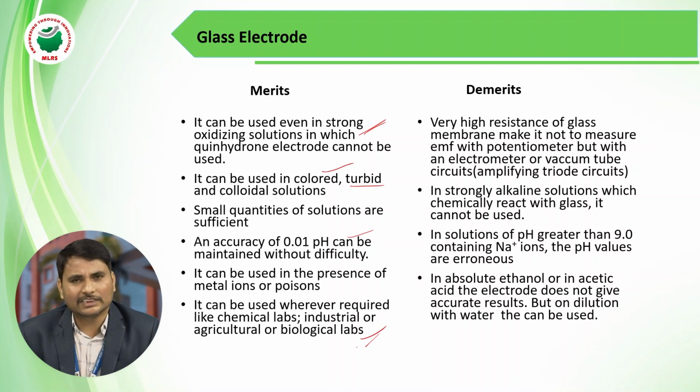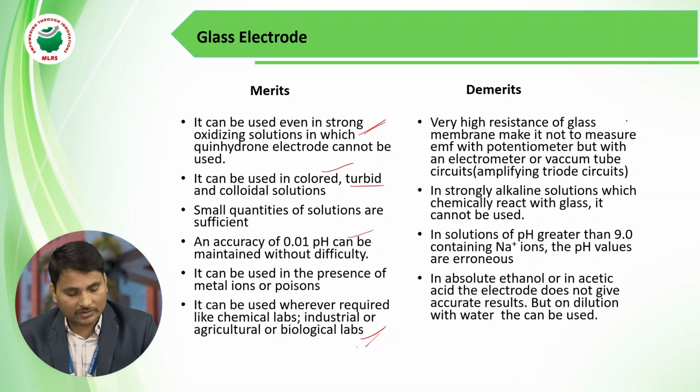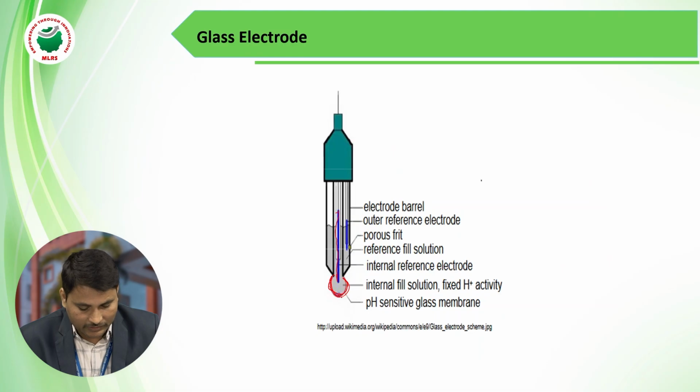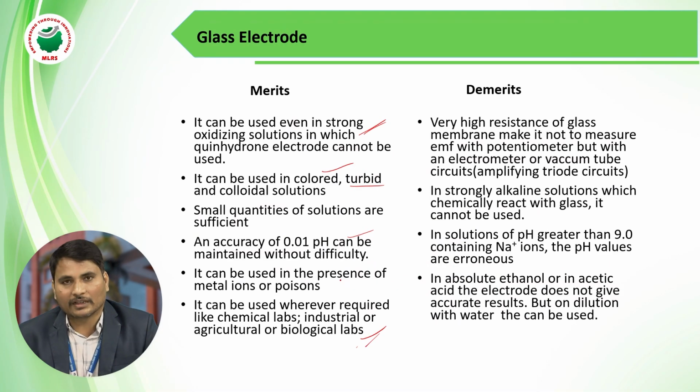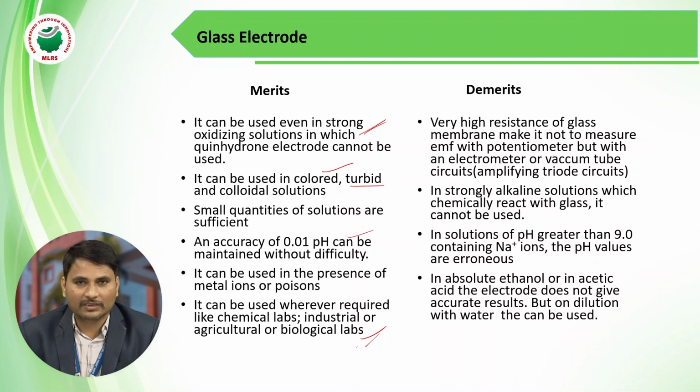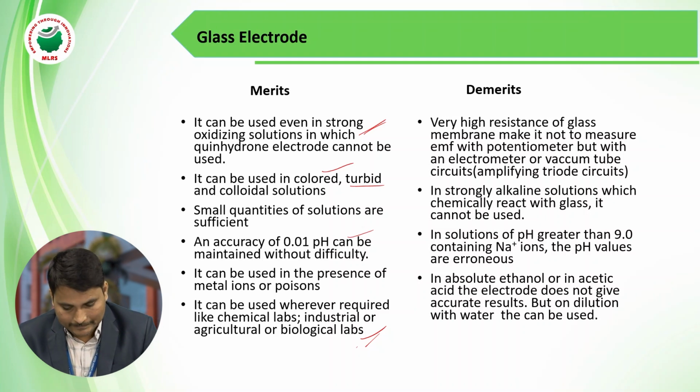And what are the disadvantages or demerits of the glass electrode? The very high resistance of the glass membrane makes it impossible to measure EMF with a potentiometer, but only with an electrometer or vacuum tube circuit. Due to the high sensitivity of this glass, it is difficult to handle when connected with a potentiometer.